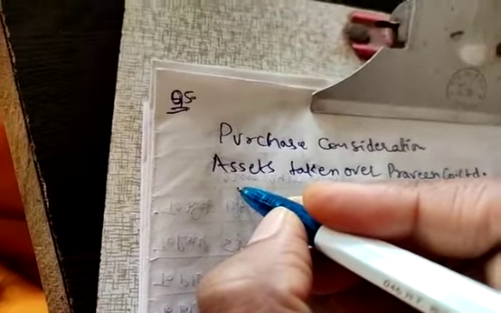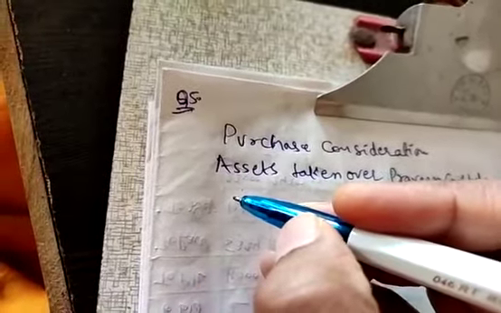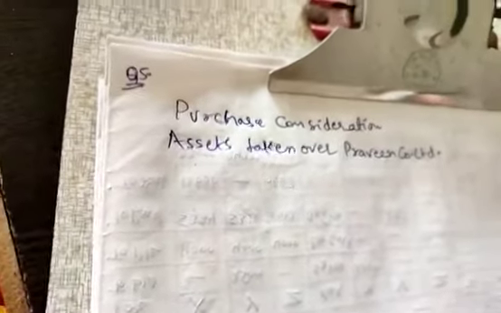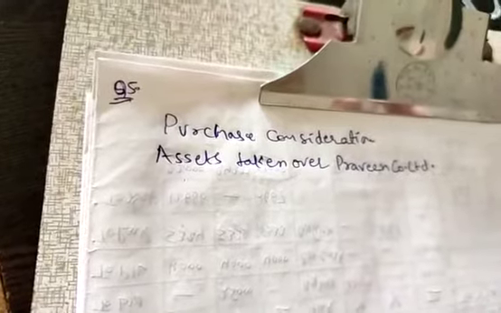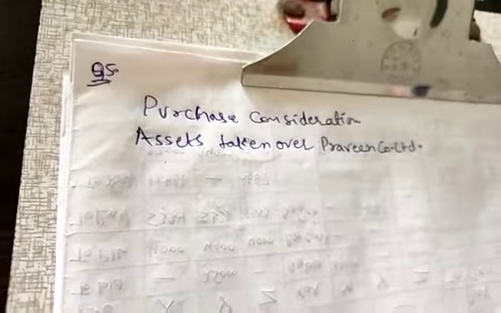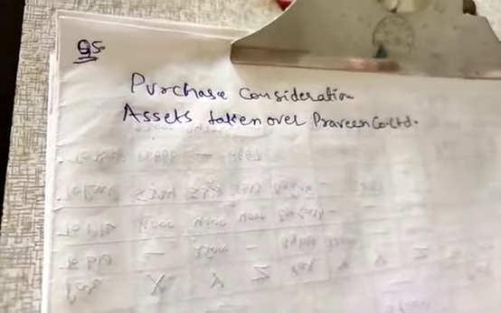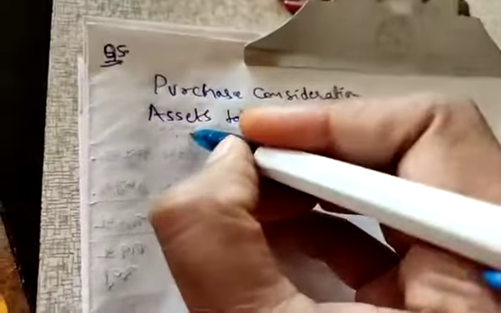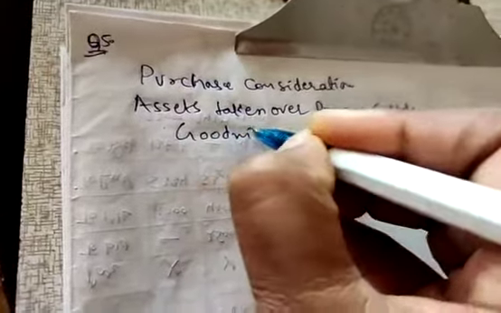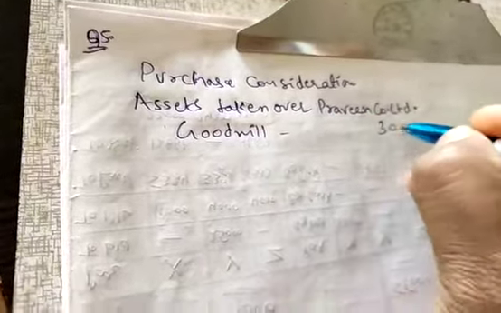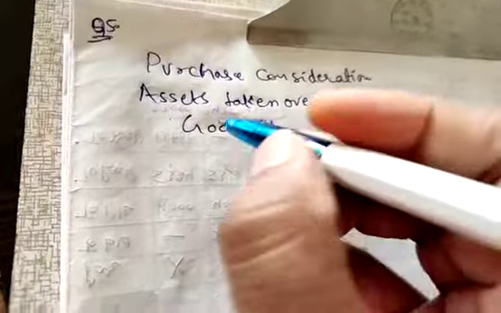If you go to the question, it was given very nicely, the valuation put on the various assets was goodwill. Now don't worry, in the balance sheet goodwill is not given. But if the purchasing company is paying an amount for goodwill, then that also you have to take under the assets taken over. They have paid 30,000 for goodwill.